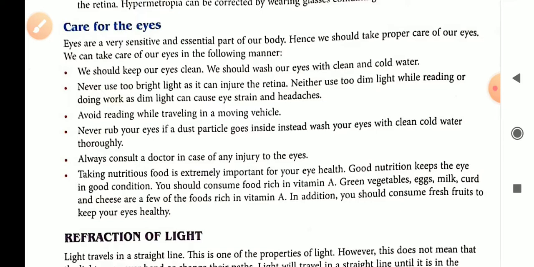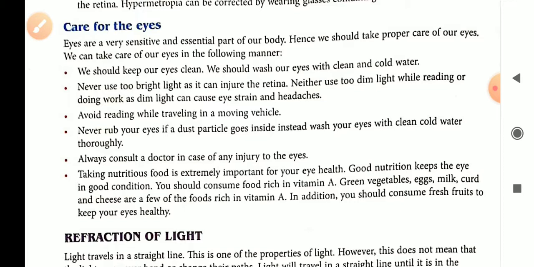Taking nutritious food is extremely important for your eye health. Good nutrition keeps the eye in good condition, so we must take food rich in vitamin A, which is present in green vegetables, egg, milk, curd, and cheese.